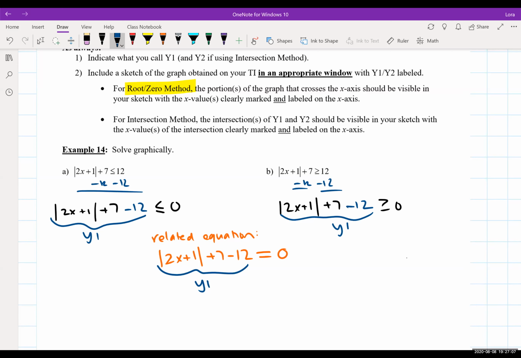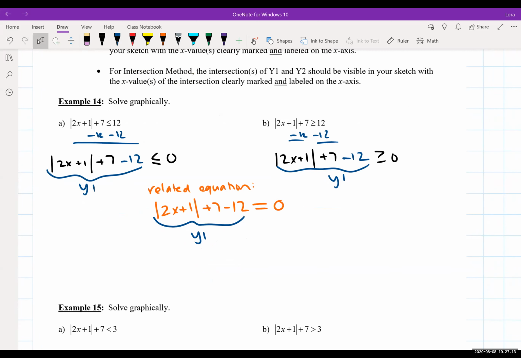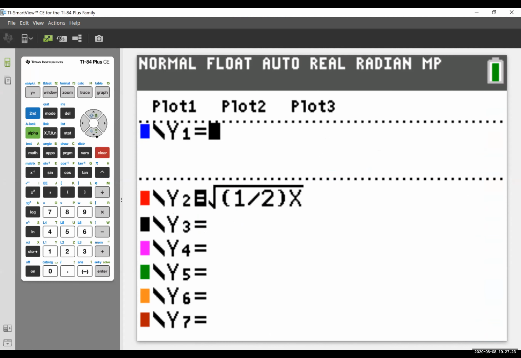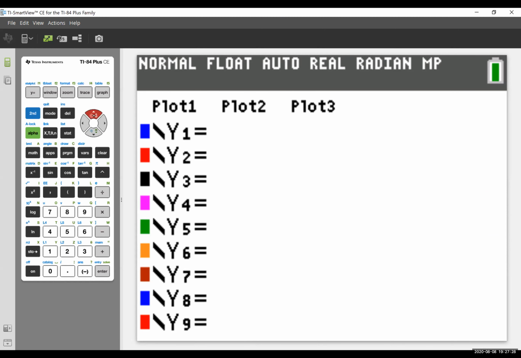Now that we have that, we can pull up our TI and type in for y1. I'm going to clear out my previous settings. I should be looking at the absolute value.